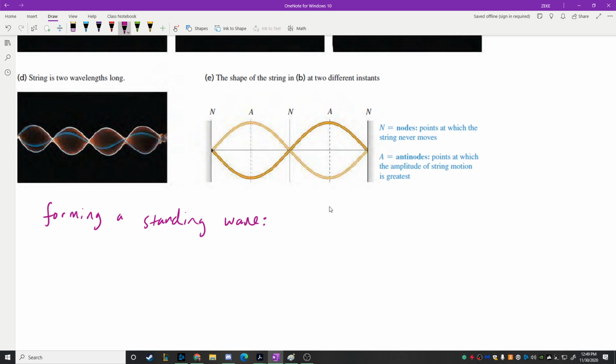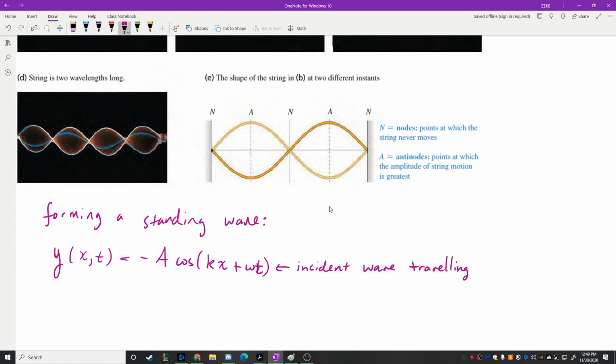So let's say that you have the following functions that represent your wave. You've got y1 of x and t equal to, let's use a negative a cosine of kx plus omega t. Let's say that this represents an incident wave that's traveling left. And let's say we have another function, y2, that represents a wave traveling in the opposite direction, and a wave that is exactly 180 degrees out of phase.